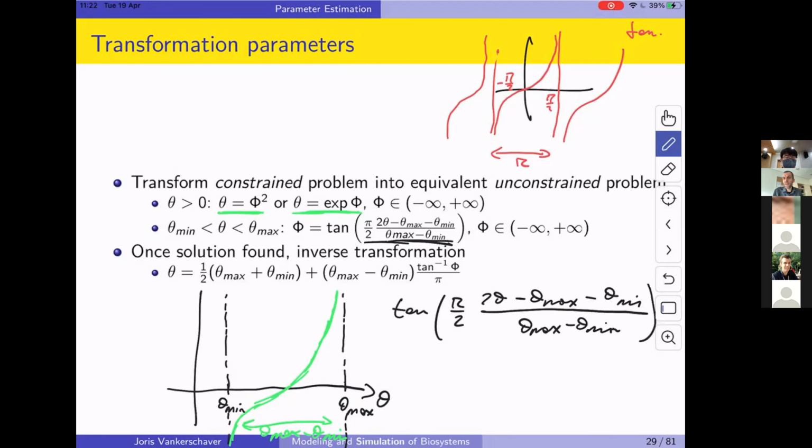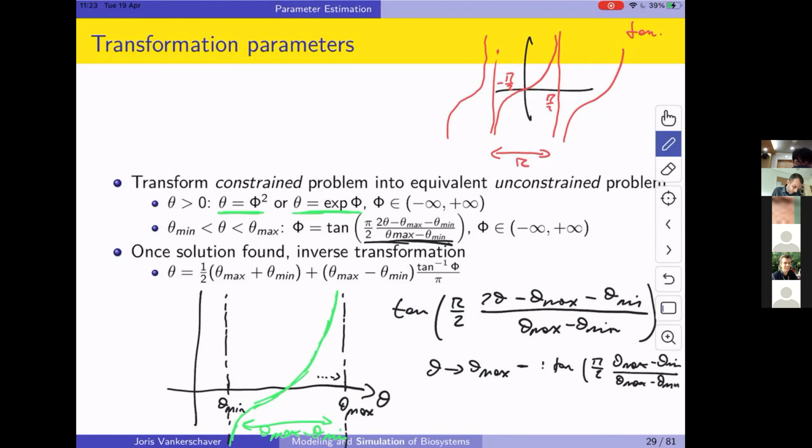Because if you look at what happens in the limit, if you let theta go to theta max from the negative side, then the argument becomes 2 times theta max minus theta max, so that's theta max, minus theta min. So you will get something that looks like tan of pi over 2 times theta max minus theta min divided by theta max minus theta min.